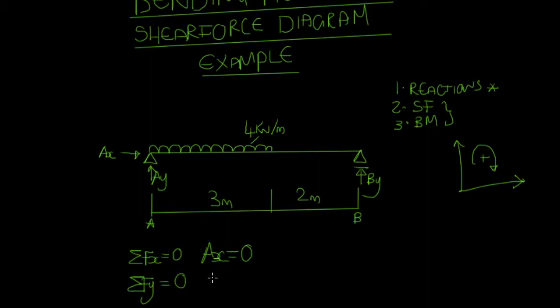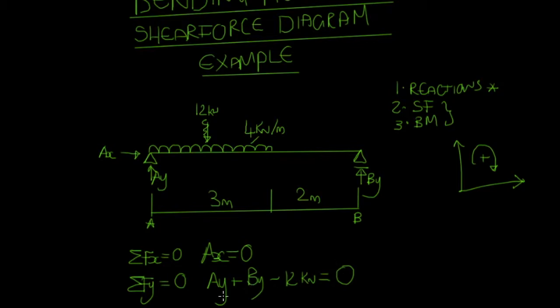So we're going to have AY, because that is in the positive axis, plus BY, because that is also resisting upwards. And we've then got forces which are pushing down. The total sum of these forces is 4 kilonewtons over the 3 meters, so that's 12 kilonewtons. That's going to be equal to minus 12 kilonewtons, and that will all equal out to be 0.